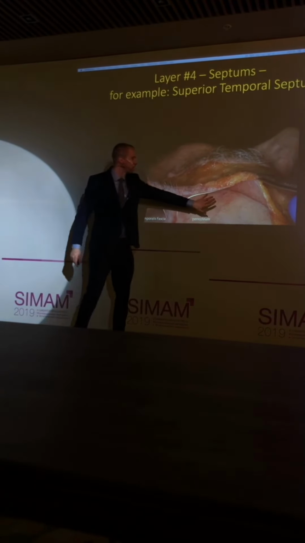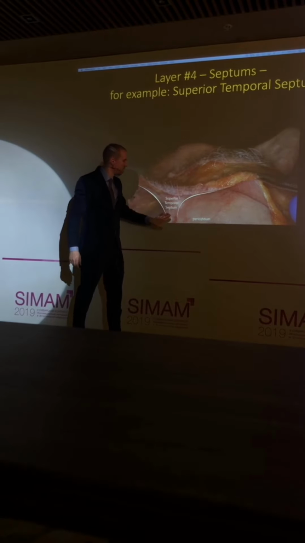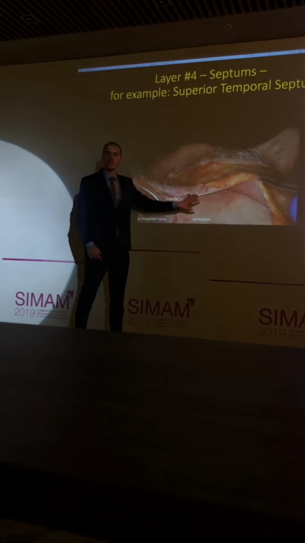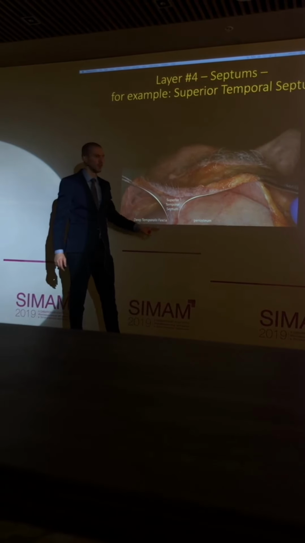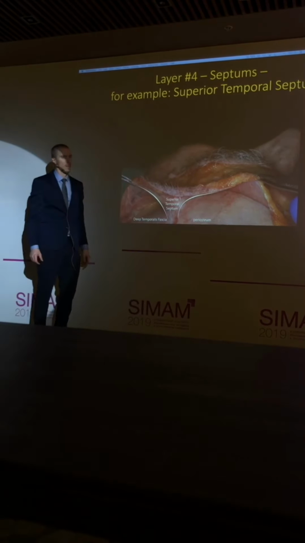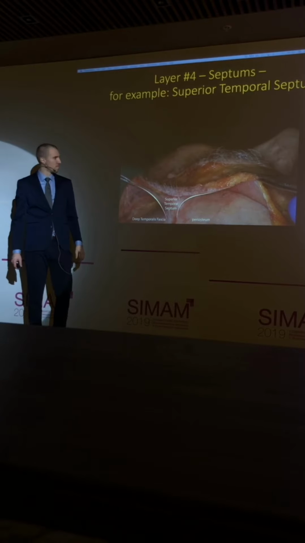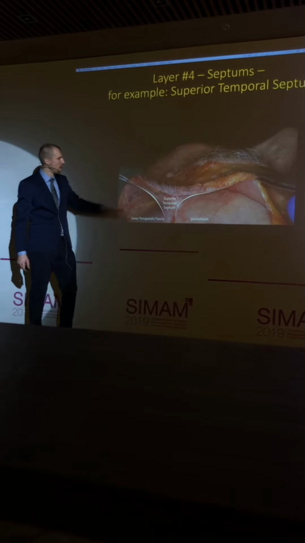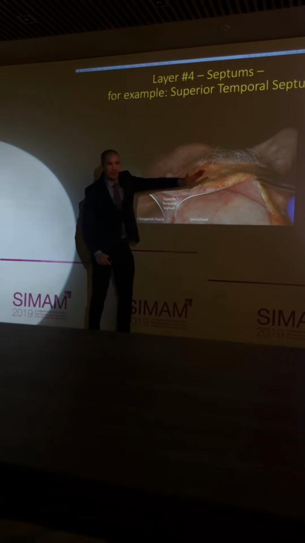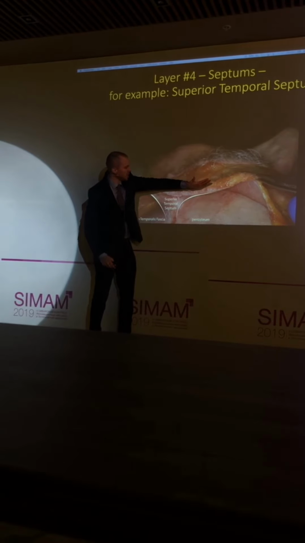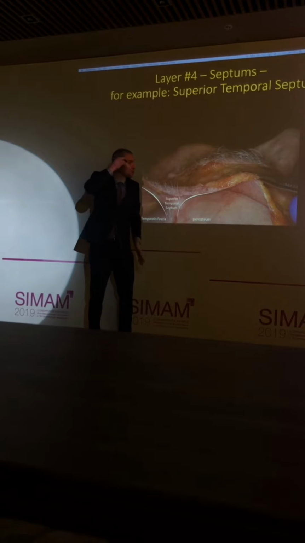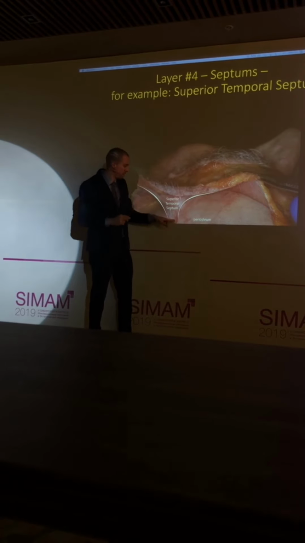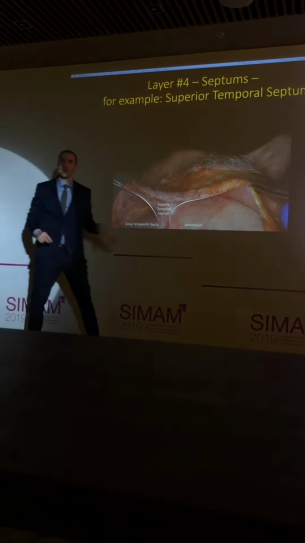But as we push the product laterally, we will feel some resistance. And this is because these 3 layers are attached to the periosteum along the superior temporal line here. So it blocks the product.